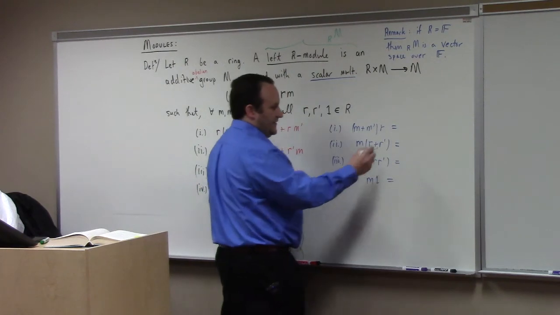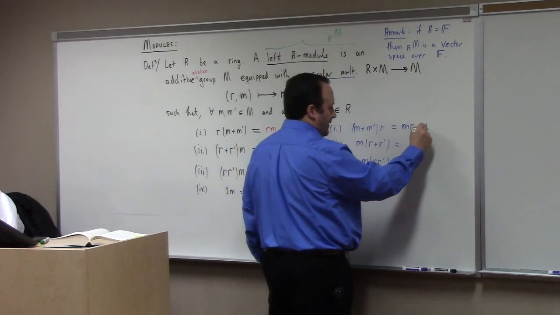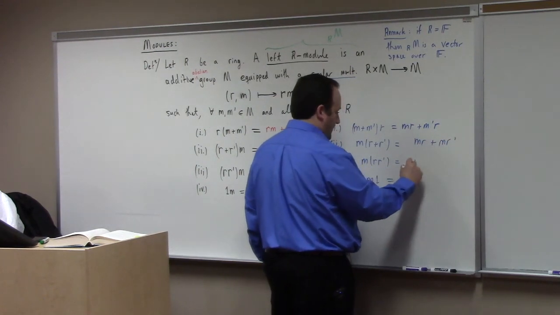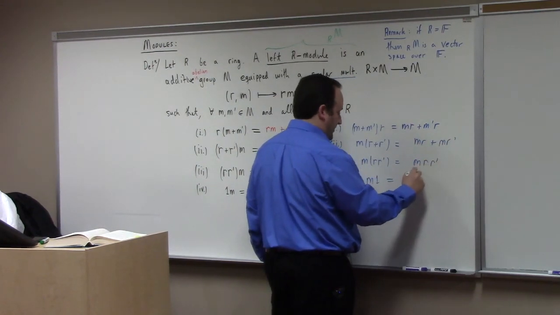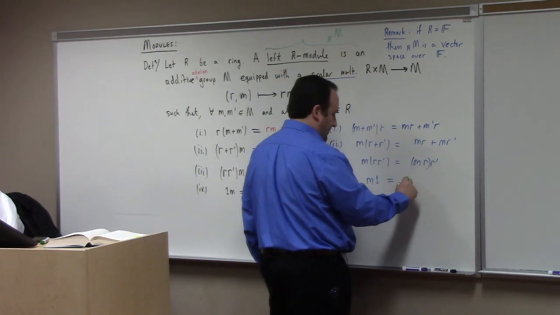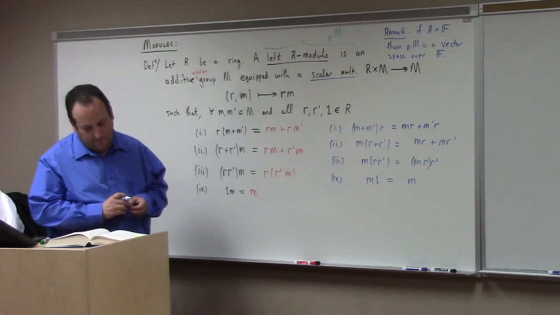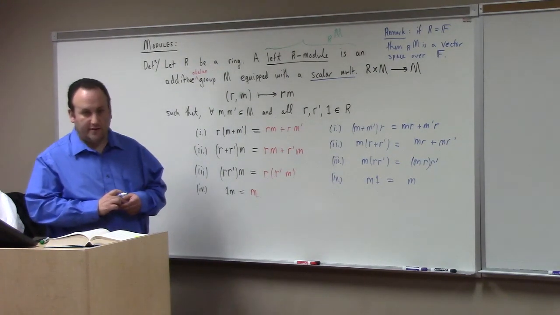Well, you know what's going to happen here. That would be mr + m'r, mr + mr', (mr)r' with parentheses rewritten, and of course m. Right. This would define the structure of a right R-module.